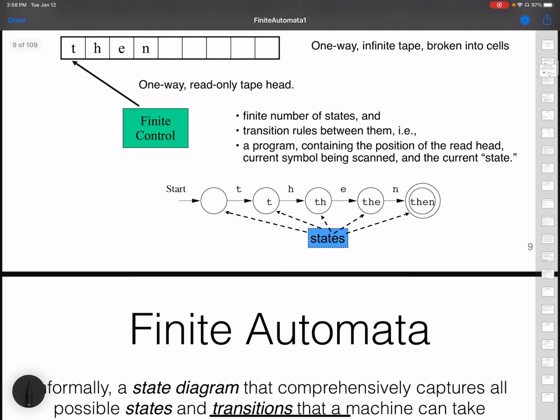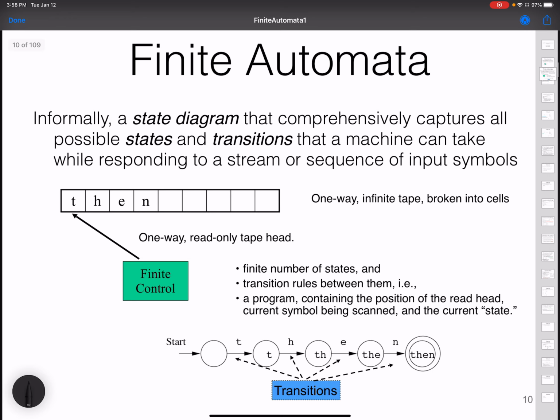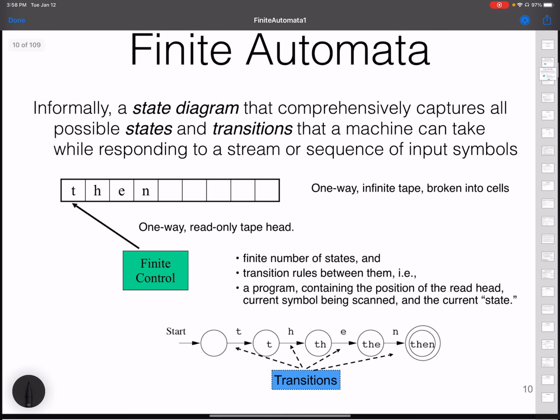The transitions show that whenever you read a T from the input, your finite control goes from this state to this state.